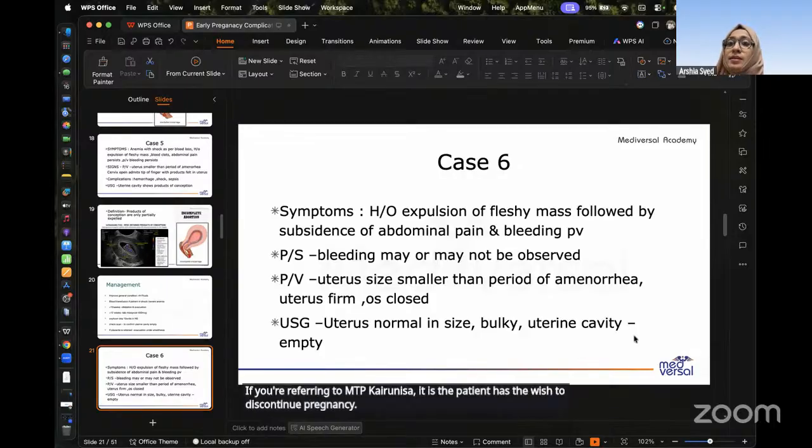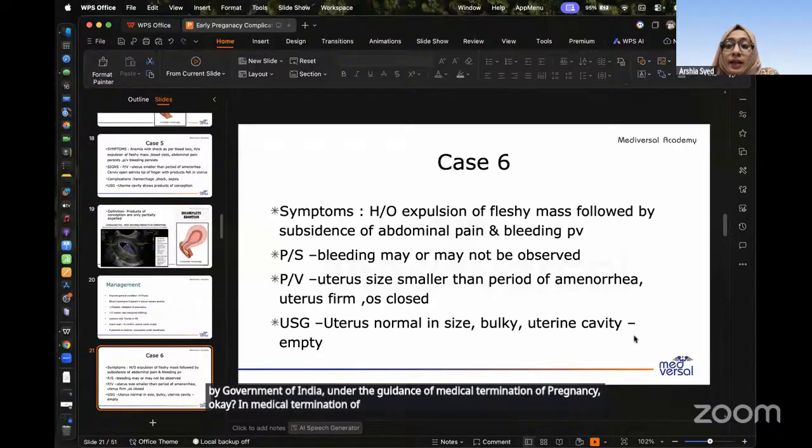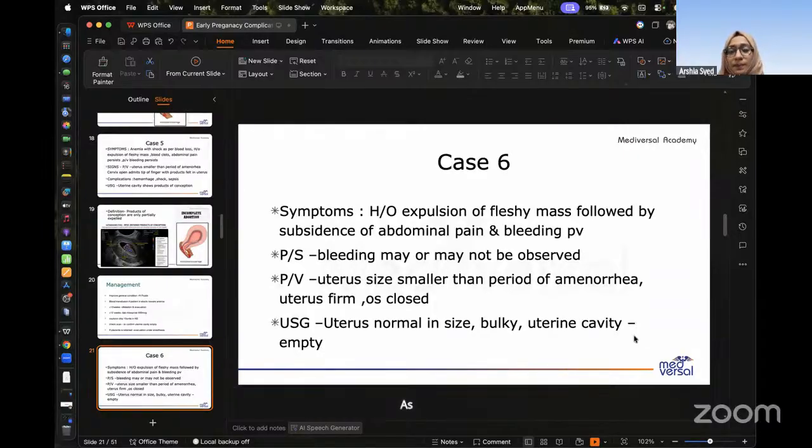That is regulated by the Government of India under the guidance of medical termination of pregnancy. In medical termination of pregnancy, there are certain criteria by which the patient selection is done, and the pregnancy can be discontinued in the interest of the patient.